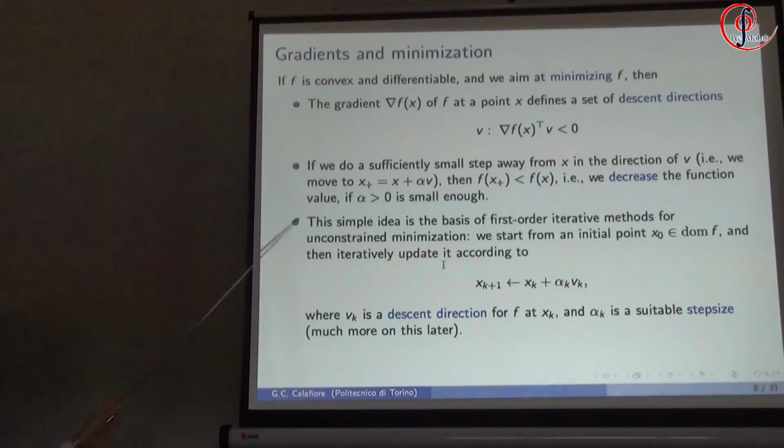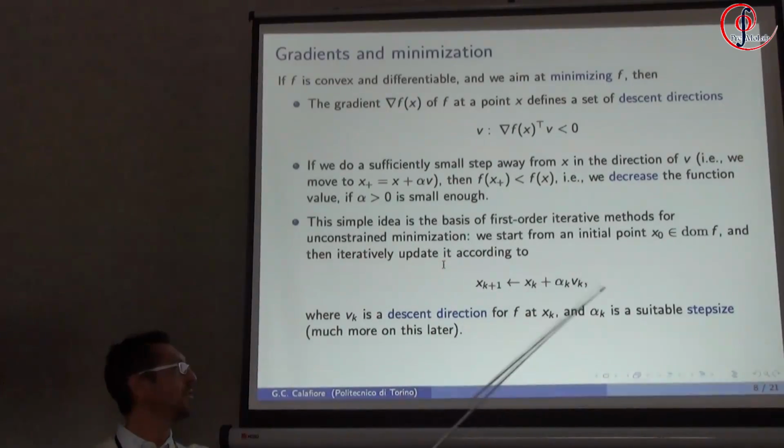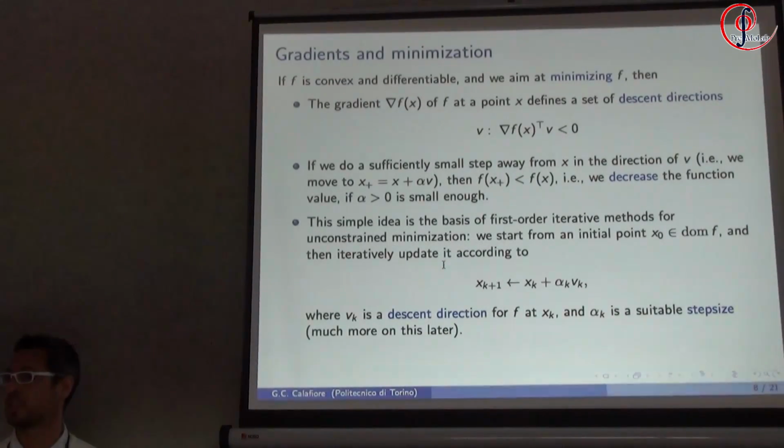And so this is the simple idea, which is the basis of first order iterative methods for unconstrained minimization. We have no constraints here. So we start from some initial point in the domain of the function, and we iteratively update this point according to a recursion of this type.